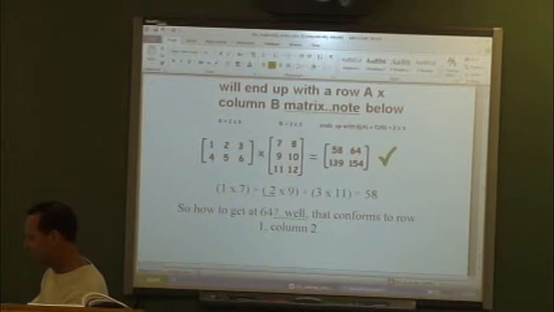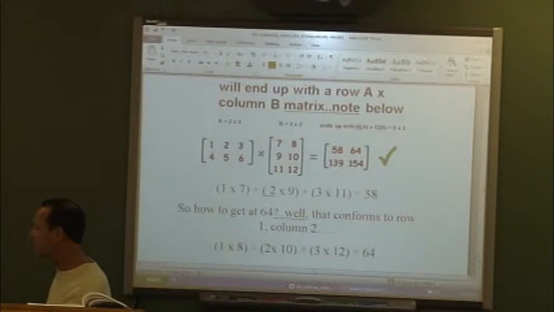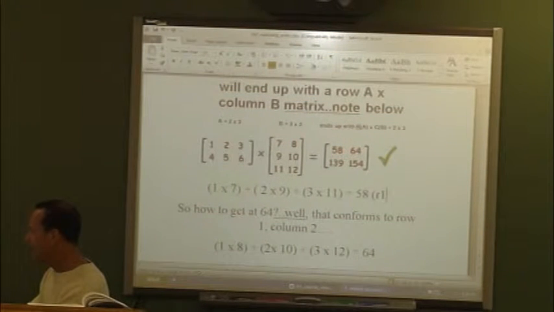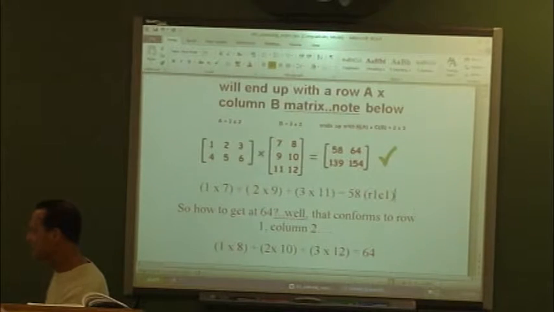So again, tell me what I'm going to do. 1 times 8 plus what? 2 times 10. You got it. And then? 3 times 12. You got it. That equals 64. So this 58 corresponds to what, everybody? What does R1C1 mean? Row 1, column 1. Yes, you got it.